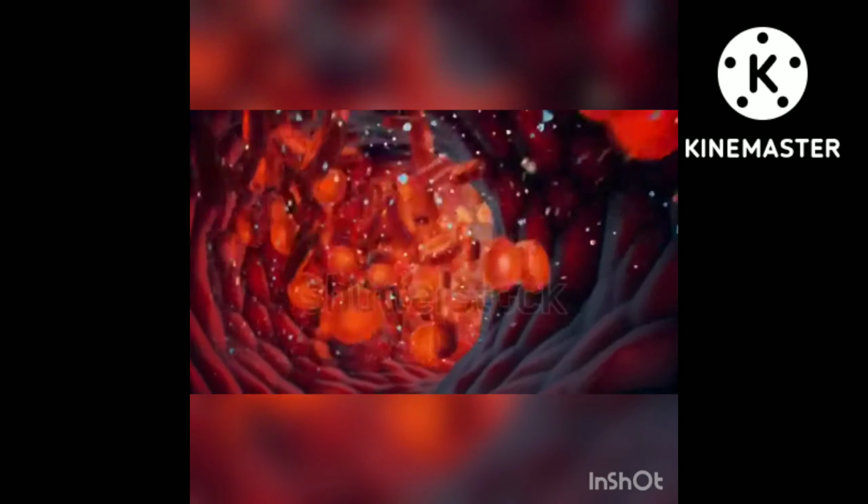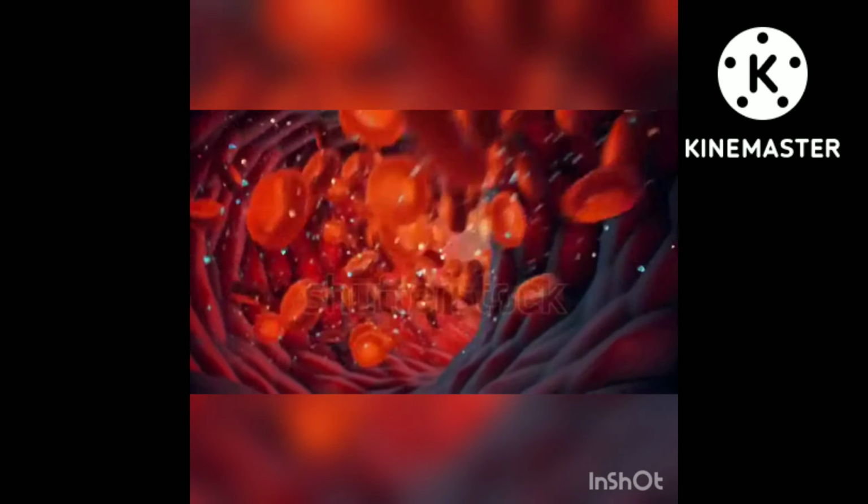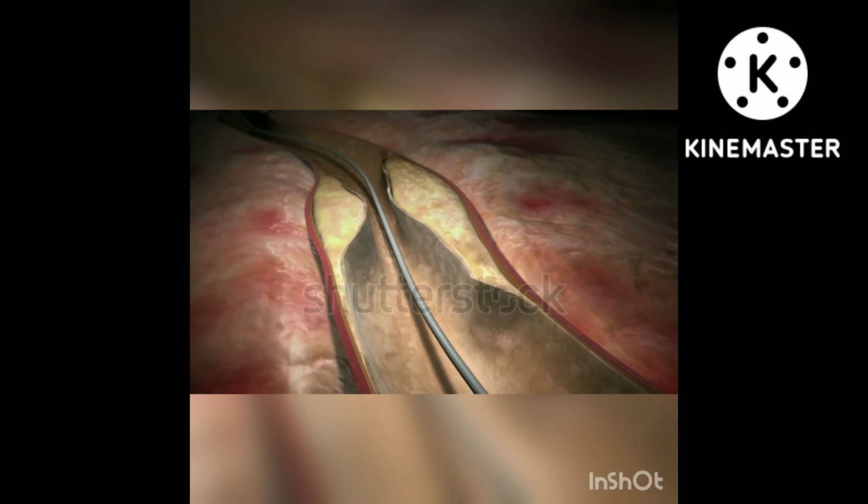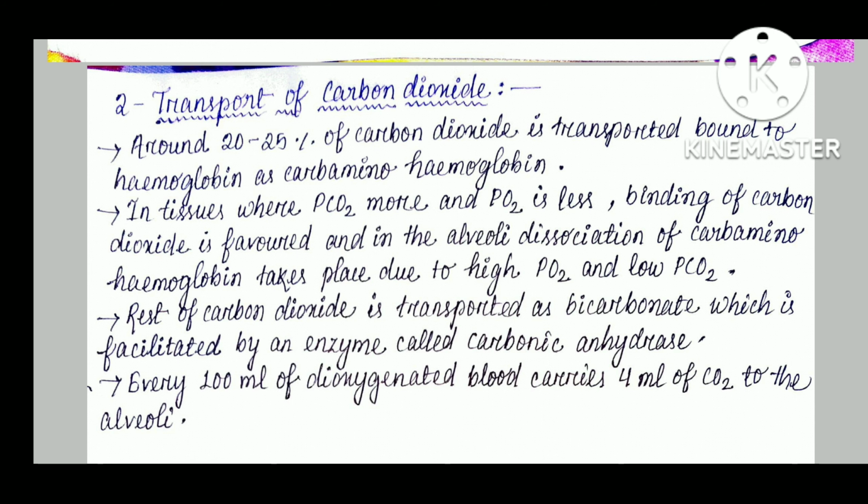The rest of the carbon dioxide is transported as bicarbonate, which is facilitated by an enzyme called carbonic anhydrase. Every 100 ml of deoxygenated blood carries 4 ml of CO2 to the alveoli.